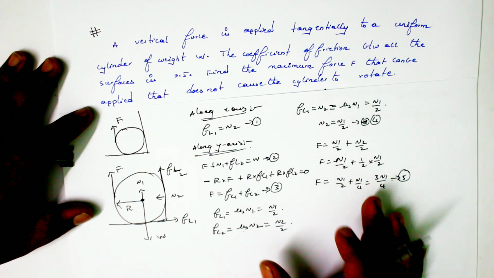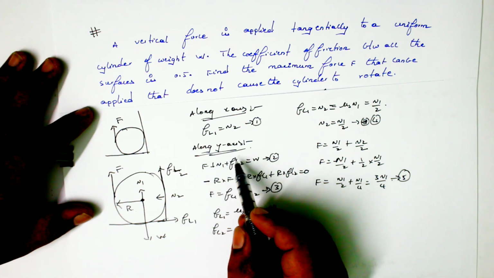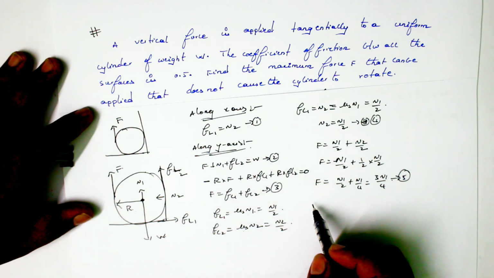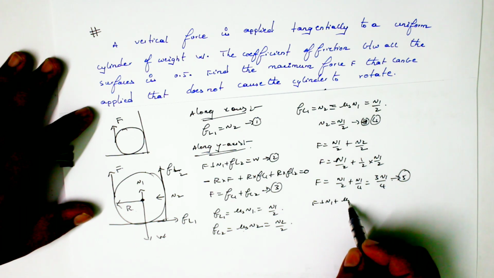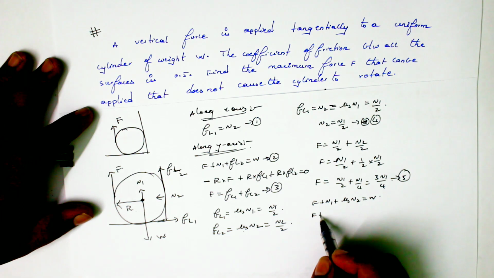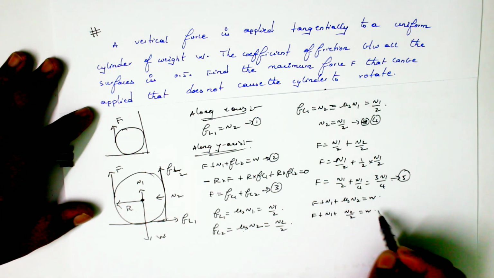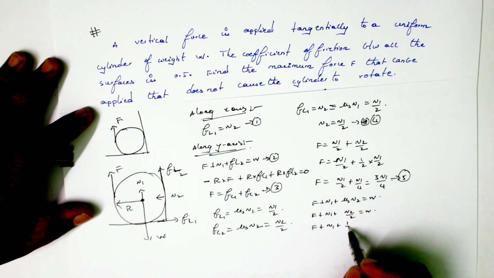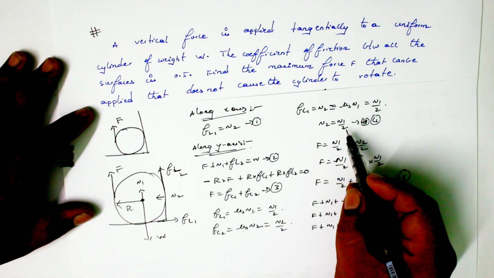Now all these results I will try to substitute in this relation, because I want to calculate the force in terms of the weight of this cylinder. So F plus N1 plus FL2, which can be written as mu s N2, is equal to W. So F plus N1 plus N2 by 2 is equal to W. So F plus N1 plus 1 by 2 into, again N2 can be written as N1 by 2 in this condition.